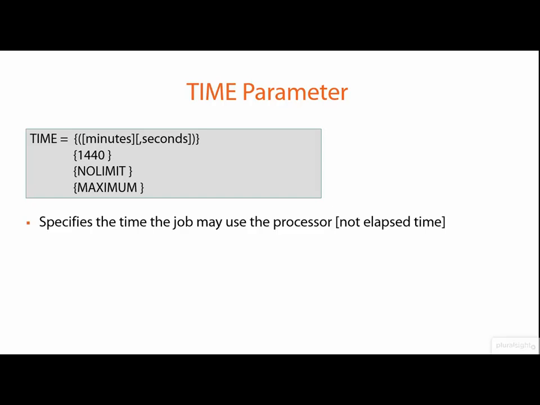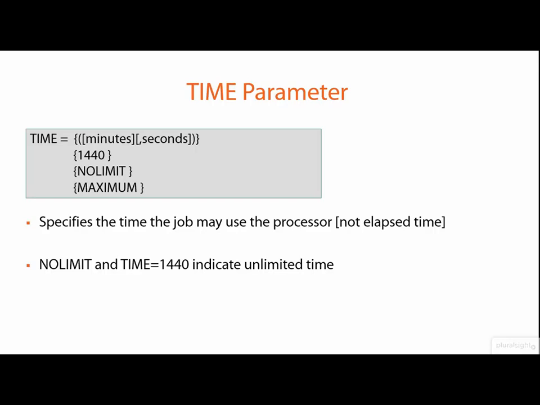As we said, this is not elapsed time, and this does not relate back to the JES accounting information, which was an estimated elapsed time value. This literally refers to CPU time. In addition, when we specify things like no limit or time equals 1440, that actually turns timing off, which means that not only does it not restrict us in terms of CPU time, it also means that we are not going to be impacted in the event that we start to accumulate large amounts of wait time.